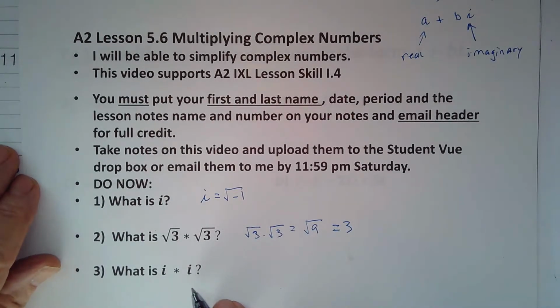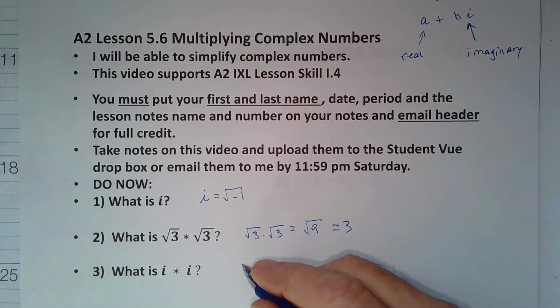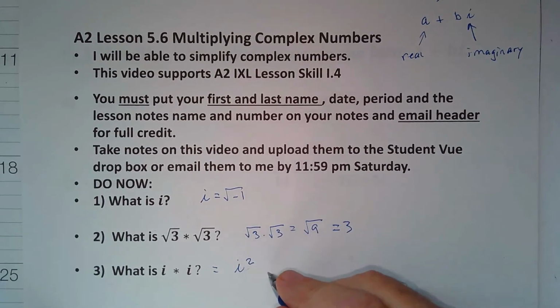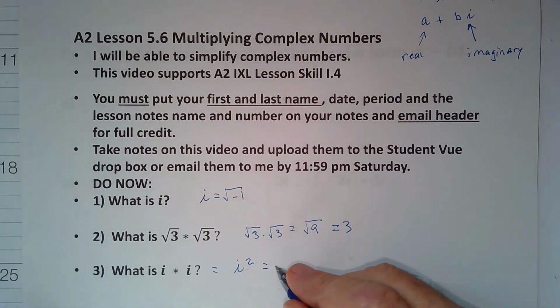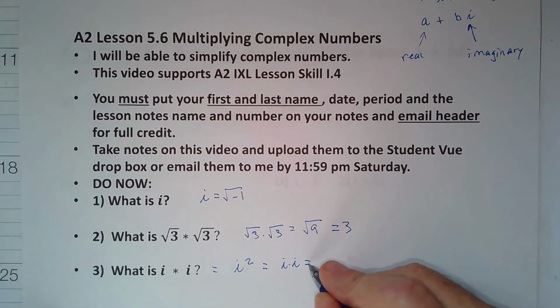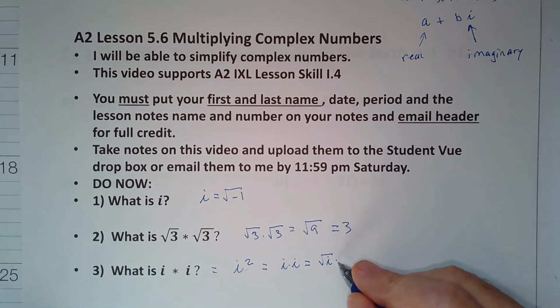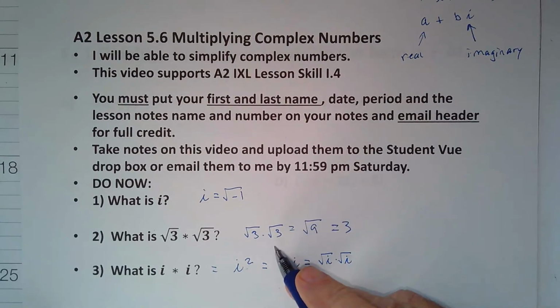That's the next question here. So i times i is nothing more than i squared, isn't it? And i squared, since it's i times i, equals the square root of negative 1 times the square root of negative 1, which is similar to what we have up here.